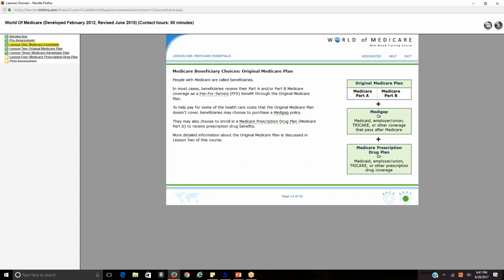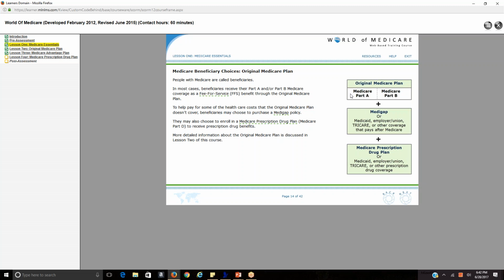They may choose to pay for their outpatient visits, their medications, outpatient surgeries, and so forth out of their own pocket, and not even purchase Medicare Part B and only have Medicare Part A. There are individuals who have only Medicare Part A. So it's very important, if you're working in a doctor's office or a billing office, that when you look at a patient's Medicare card, you're looking to see if they have Medicare Part A plus Medicare Part B.